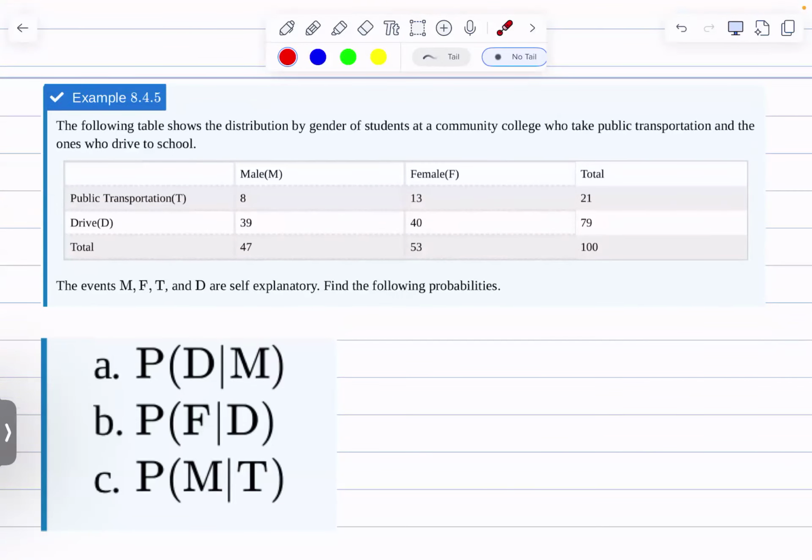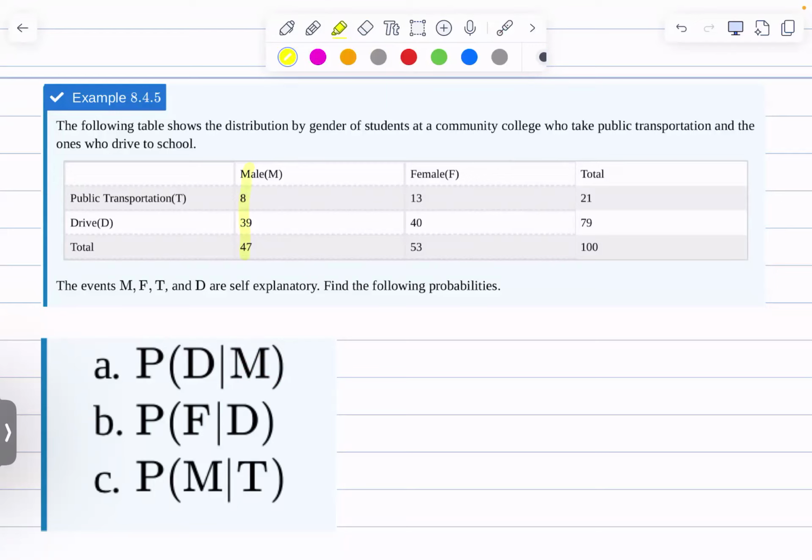If you want to find the probability that someone drives to school, given that they're male, right? So now, if you were to read the table, we're told that this person that we're talking about has to be male, which restricts us to this column.